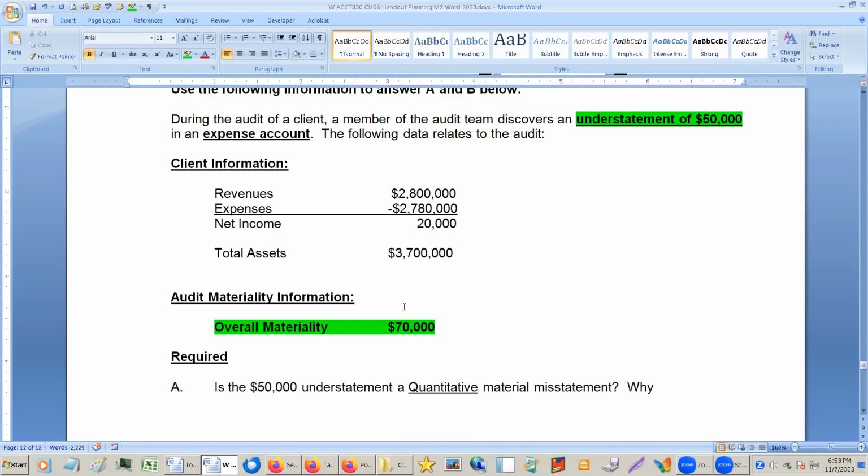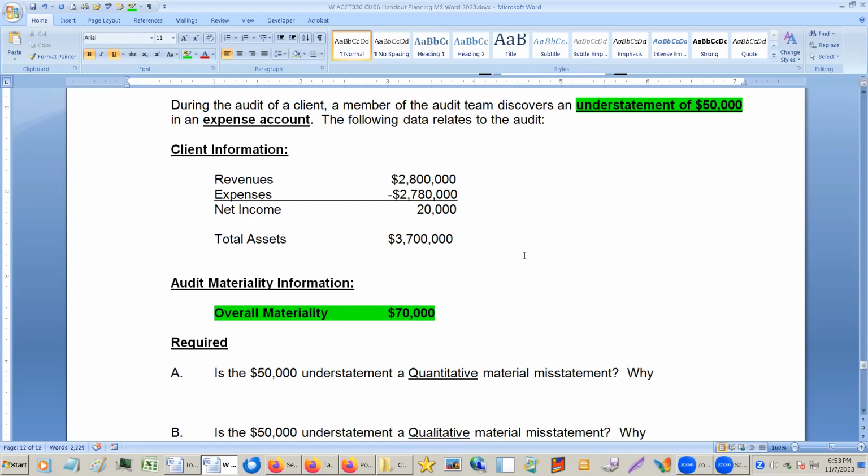So just looking at the dollar amounts, we decided the overall materiality was 70,000. We find this understatement of 50,000. Is that material quantitatively? In other words, just by the numbers.